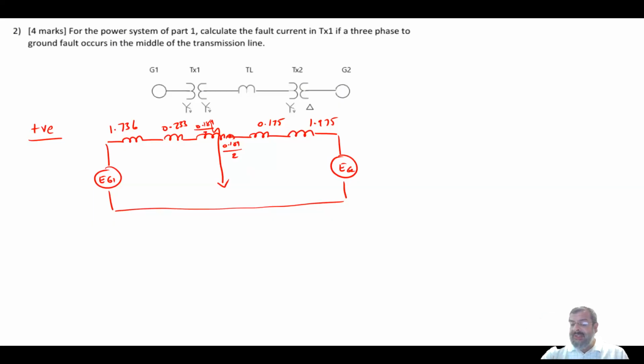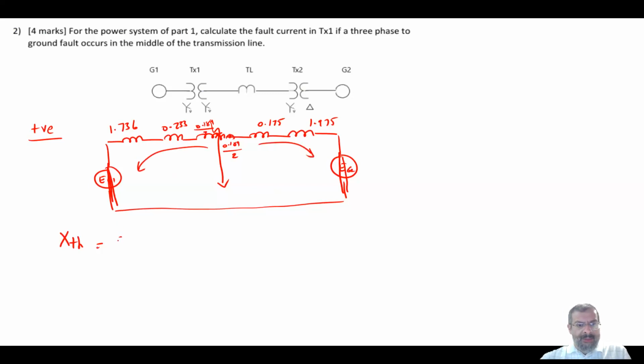So that is basically the reactance diagram. Now, as I mentioned in previous questions about symmetrical faults, we need to find the impedance between the fault point and the ground. To find the Thevenin equivalent for this, we short circuit the sources. So this source is short circuited, and this is short circuited. We need to find X Thevenin. Clearly you can see it is this branch in parallel with this branch.